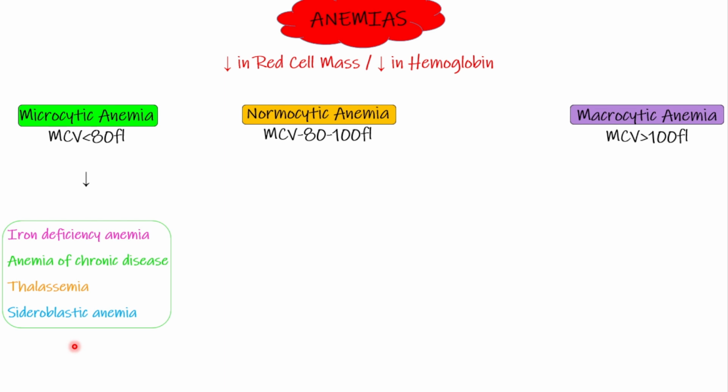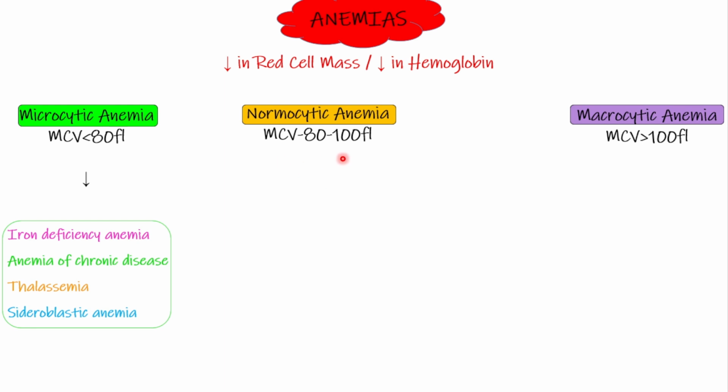Normally RBCs do not have a nucleus, but in sideroblastic anemia there are blasts. So the RBC is nucleated, and it has iron-filled mitochondria surrounding the nucleus in the form of sideroblasts.